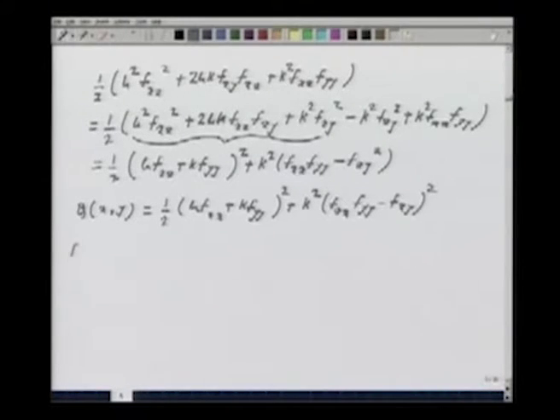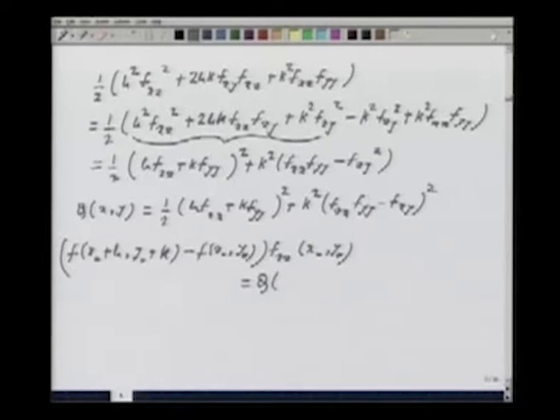So in a nutshell, what I have is f of x naught plus h, y naught plus k minus f of x naught y naught times fxx at x naught y naught equal to q of.